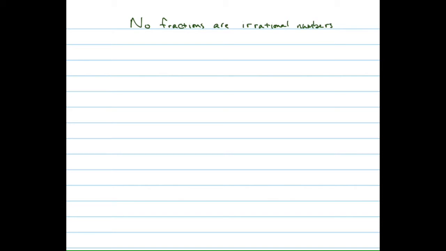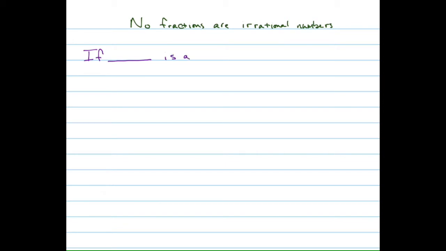So hypothesis is what comes first. Are we making a statement about fractions or about irrational numbers? We're making a statement about fractions. We're saying something about fractions. And so our hypothesis should address fractions. So we're going to say if something is a fraction.